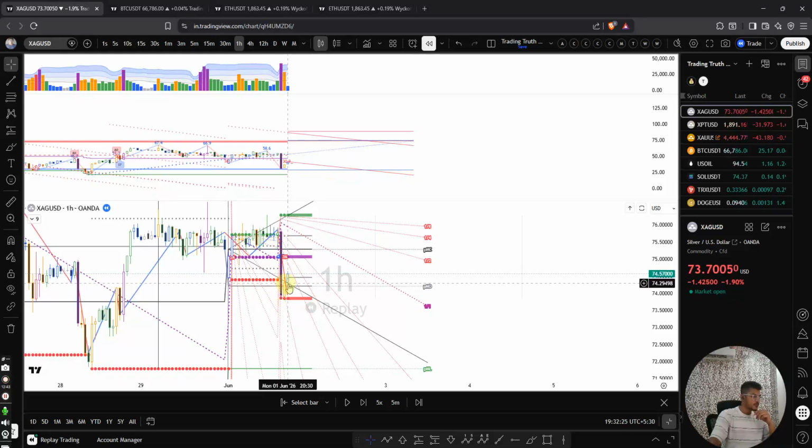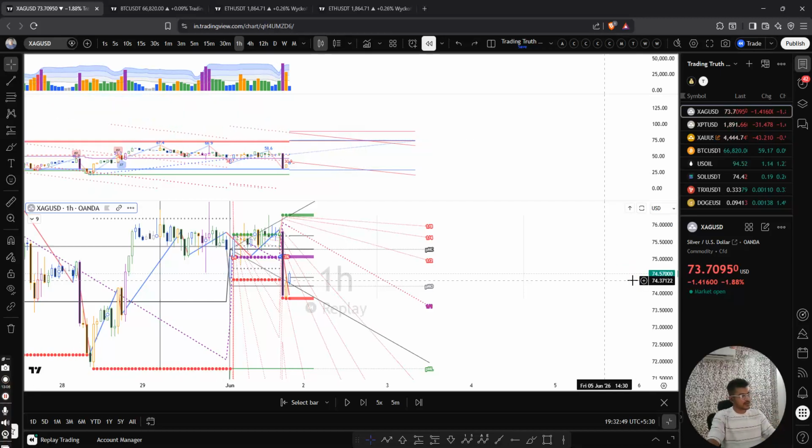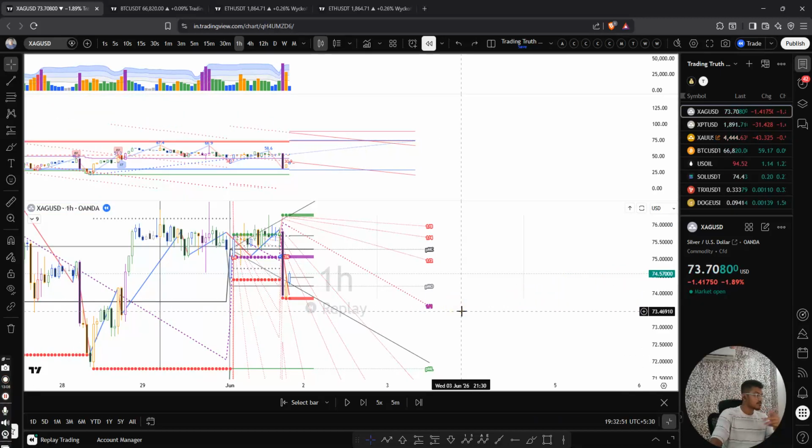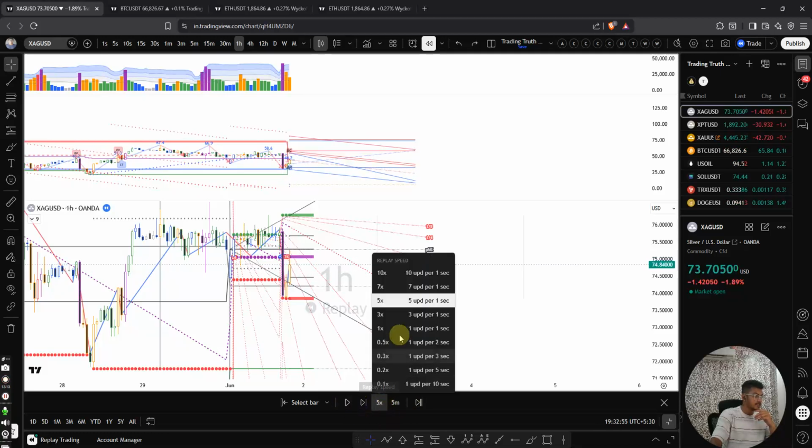Now, as it's pulling back to the 4 by 1 or 3 by 1 or 2 by 1, the market is going to go down if it closes below, with that particular speed. So if it's taking resistance from 2 by 1, the market is going to go 2 times faster downside. Same goes for the 3 by 1. The market is going to go 3 times faster downside, right? So let me actually run it, and you will notice.